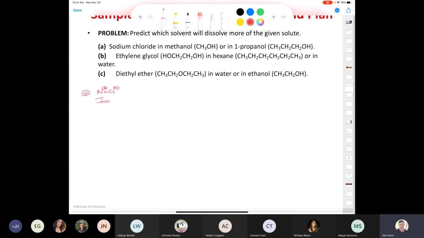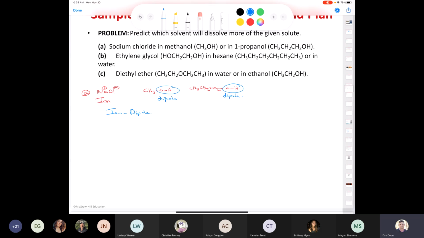If I look at the structure CH3OH, and CH3CH2CH2OH, what do we know about when we have an OH? We've got a dipole. So the forces here are going to be ion-dipole forces.